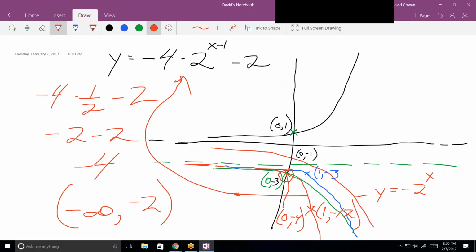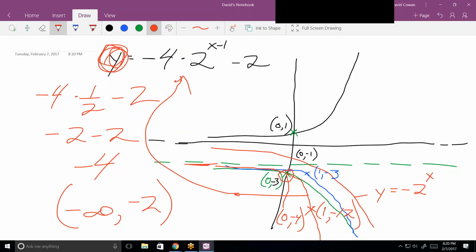Also, if there were an x-intercept, there would have to be a solution to that equation. In other words, I would set y equal to 0. That's where y is when you're on the x-axis. And I wouldn't have a solution for that. There's no way that y can be 0. There is no value of x where y is ever 0.